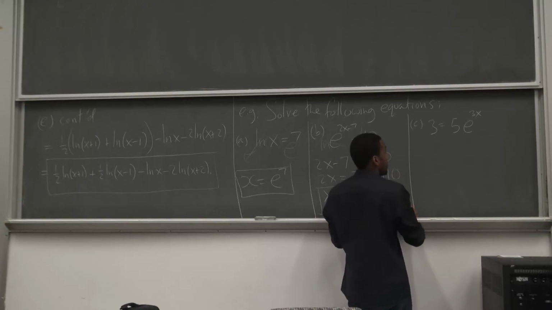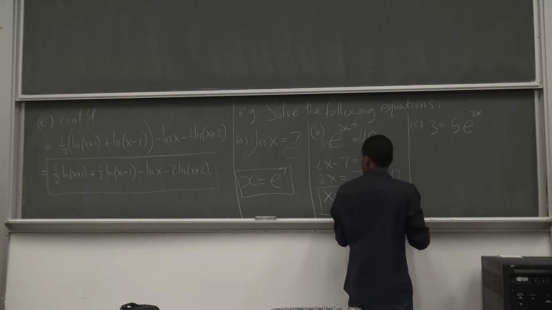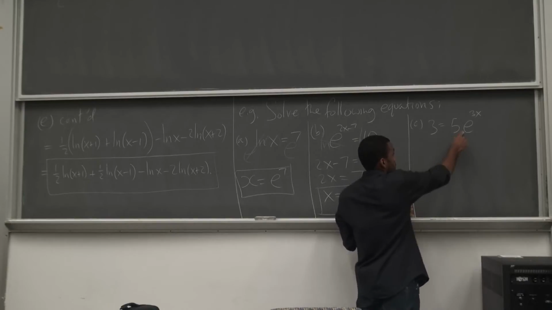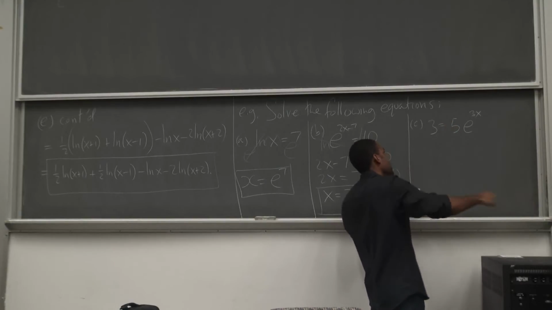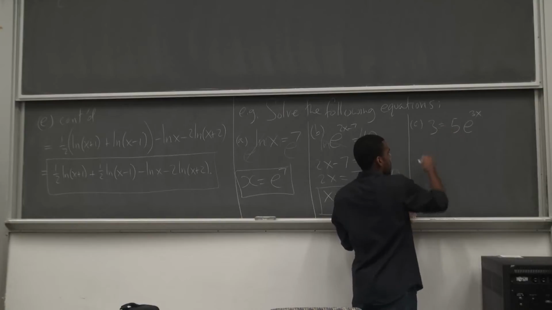How about this one? My thought first. I want to get rid of that 5 because it's in front. By ln, I'll have to deal with ln of 5 times e to the 3x. So get rid of the 5.